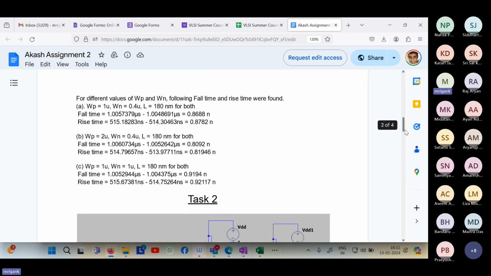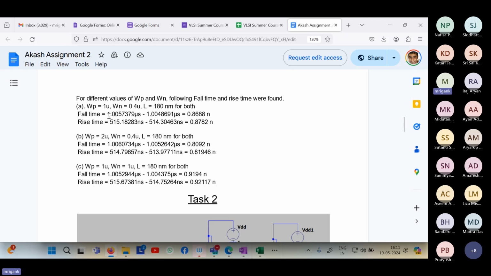Okay, which is okay in this case. You could have made a table also, rather than putting it like this: rise time, fall time, W by L. So here we see the W 1 micro, 0.4 micro, you are getting certain fall time, rise time.